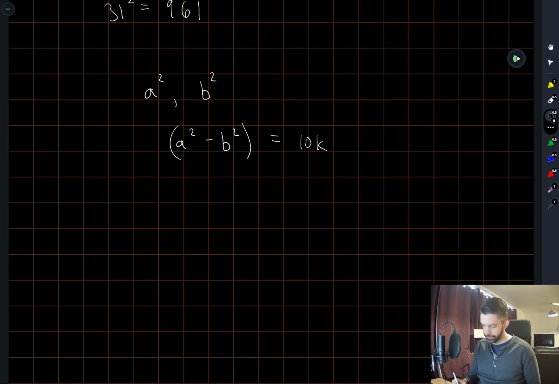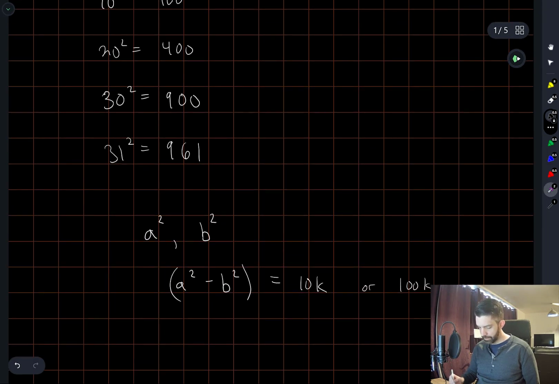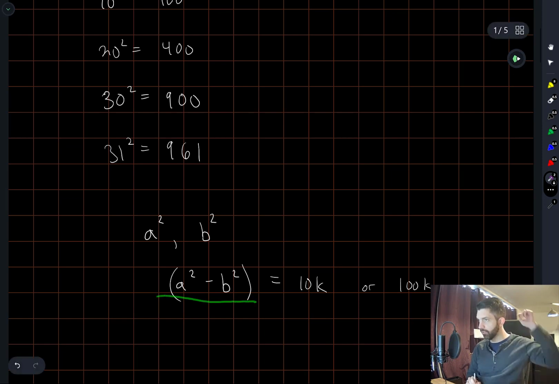or a multiple of 100, or be less than 10. Well, I think we can rule out right away that a squared minus b squared is less than 10, right? The smallest that this difference can possibly be is 21, when a is 11 and b is 10.